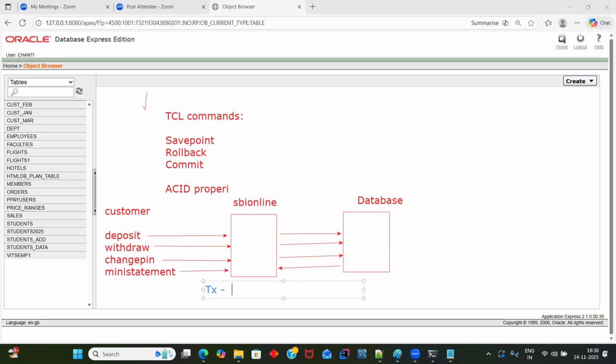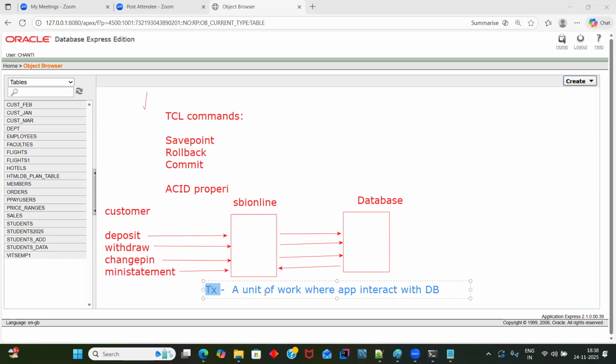A transaction is nothing but a unit of work where your application interacts with the DB. This is the definition of a transaction, because TCL stands for transactional control language. So first of all, you should know what a transaction is.